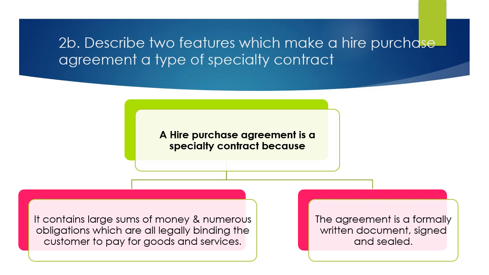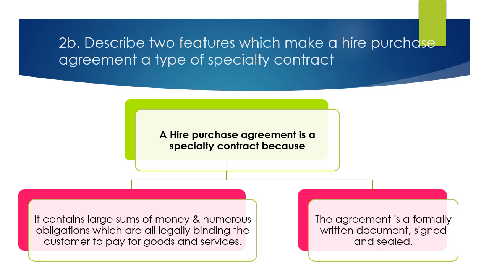Describe 2 features which make a hire purchase agreement a type of specialty contract. Well, we know a specialty contract is a formally written document which is signed, sealed, and delivered. Also, specialty contracts usually have numerous obligations and terms attached to them.